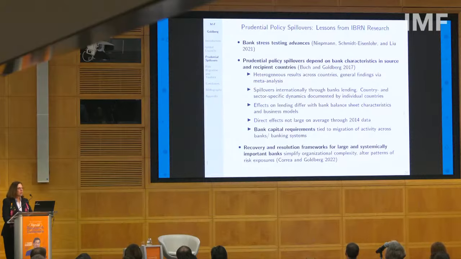Friederike Nipman, Tim Schmidt-Eisenlohr, and Emily Liu find that only banks that comfortably passed the CCAR, the Federal Reserve's annual comprehensive capital analysis and review stress tests, issued more loans to emerging market borrowers. This is in the context of monetary loosening.